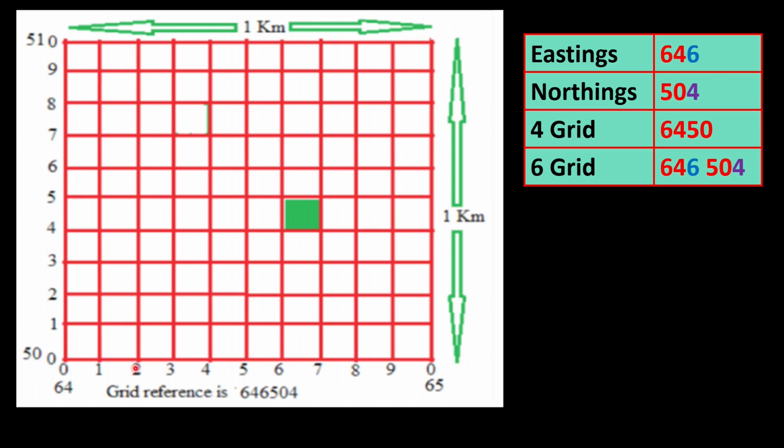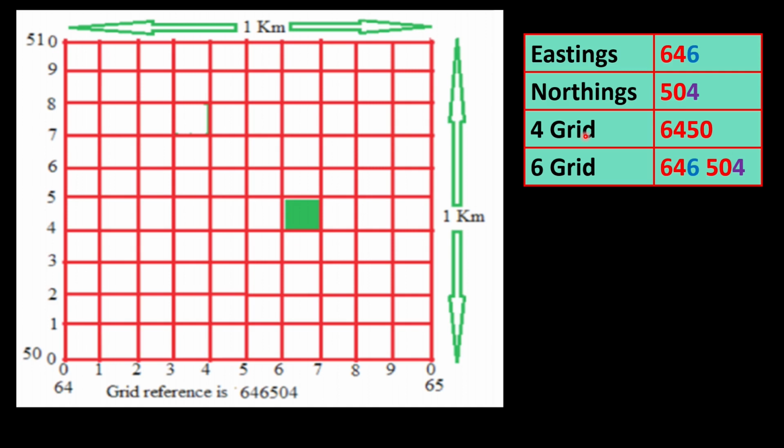Now northings 500, 501, 502, 503, 504. We have got 504. Now what is the 4-figure grid reference? This is the southwest corner, that is 6450. We have written 6450. How many digits? 1, 2, 3, 4. 4 digits, so 4-figure grid reference.